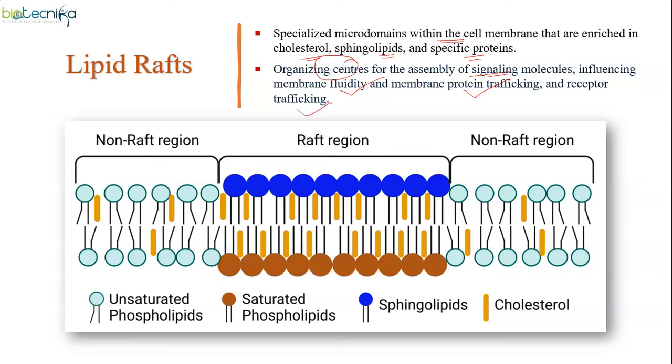As you can see in the visualization, the difference between a raft region and a non-raft region: the raft region is enriched with saturated fatty acids, so the fluidity will be less and the packing more compared to the non-raft region. You will also find sphingolipids abundantly present.